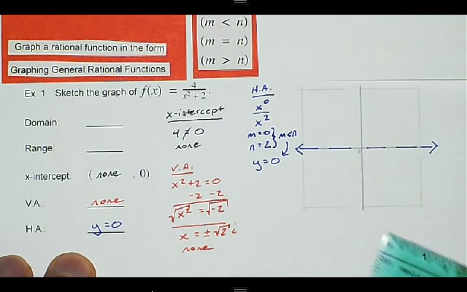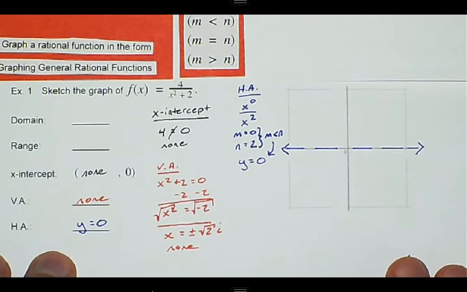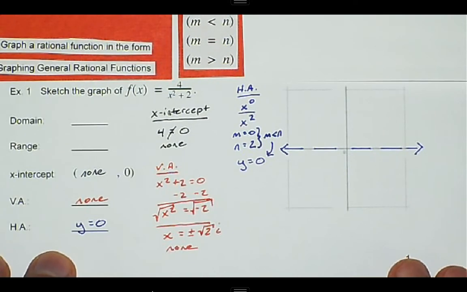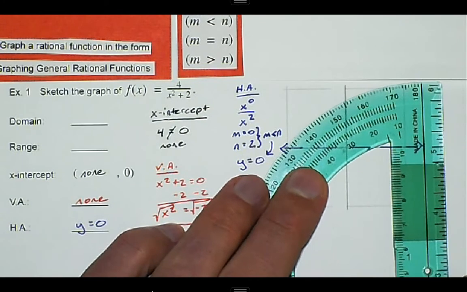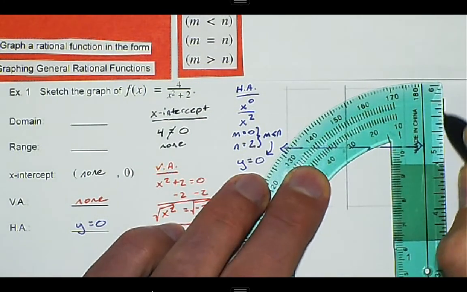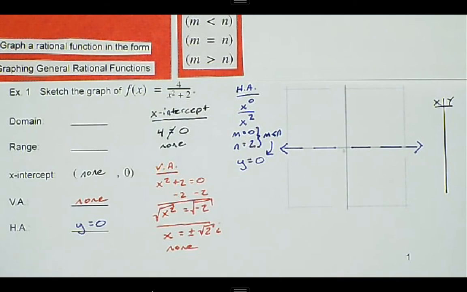And then the next thing that we have to do is come up with what the graph looks like. And in this case, we're going to pick some x and y values to substitute in. So we have x and y. And I'm just going to pick some values here.